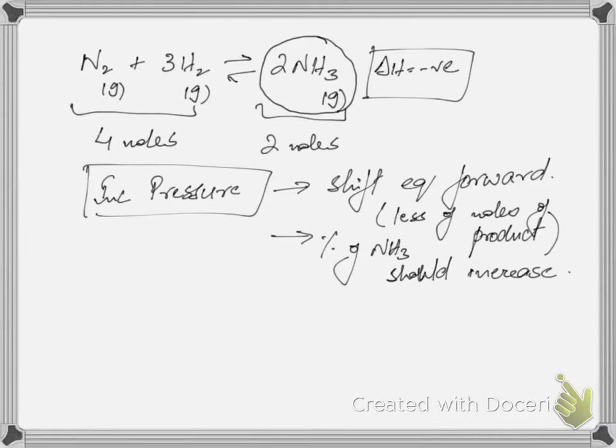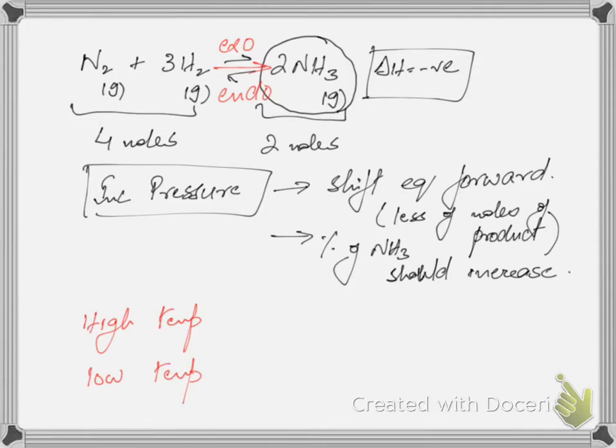Okay, now the second factor. Since the reaction is exothermic, the forward reaction is exothermic and the backward reaction is endothermic. Now if I want to increase the percentage of ammonia, I need to favor the forward reaction, which is the exothermic reaction. Now remember, at high temperature compared to low temperature, what's the difference?